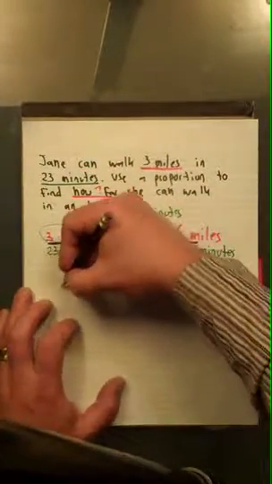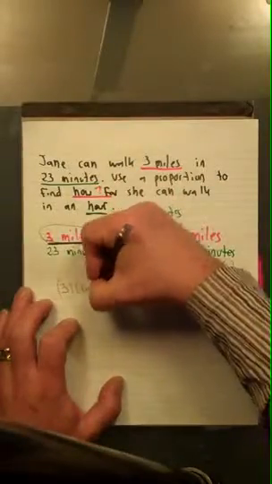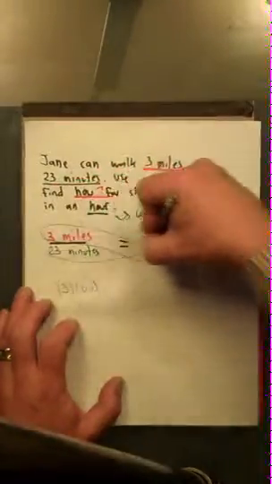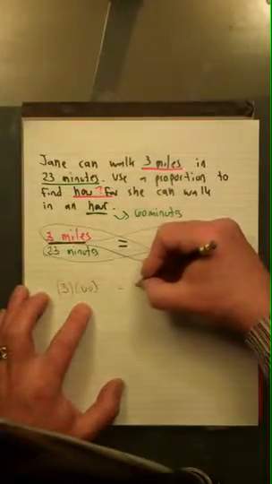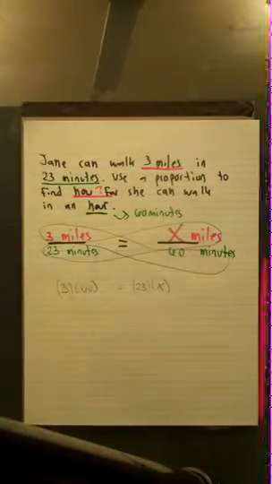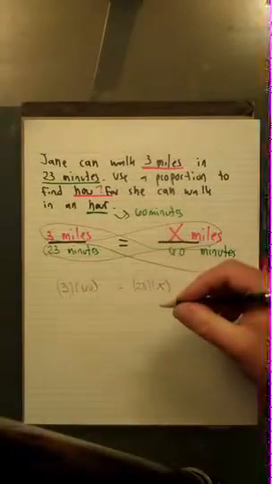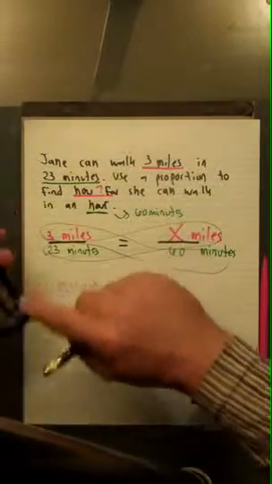So 3 times 60 equals 23 times x, and I'm going to do this in the calculator, although I can do this in my head, but it never hurts.